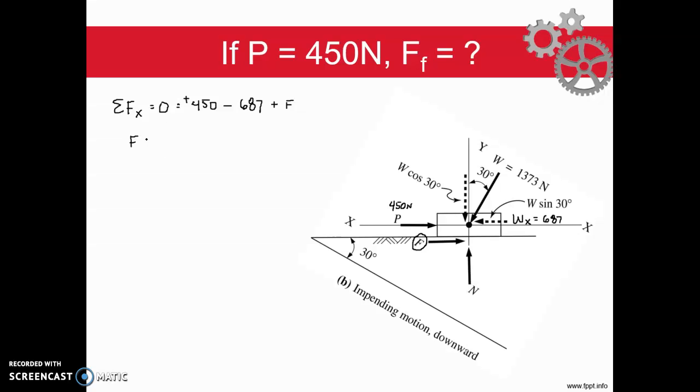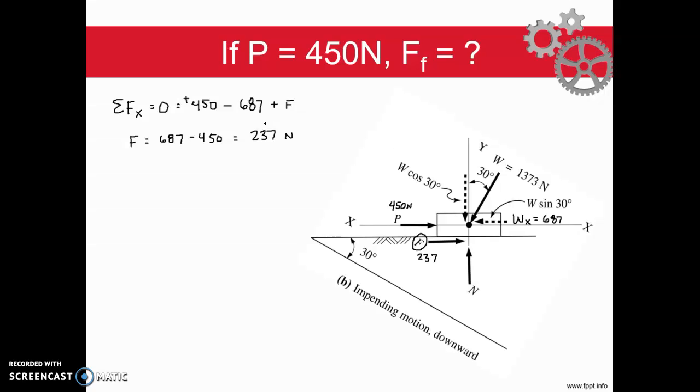And so if we solve this equation, we just get F is equal to 687 minus 450. And that gives us 237 newtons is the friction force.